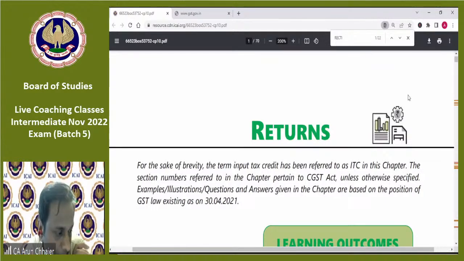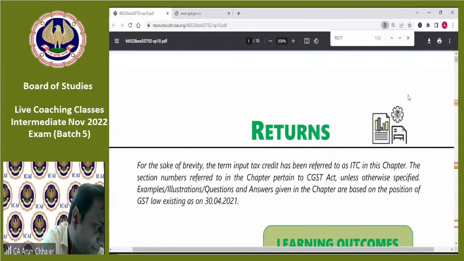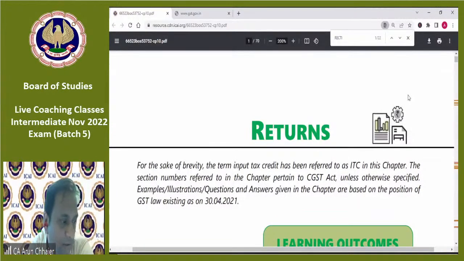What is the maximum late fees according to the CGST Act for annual return?